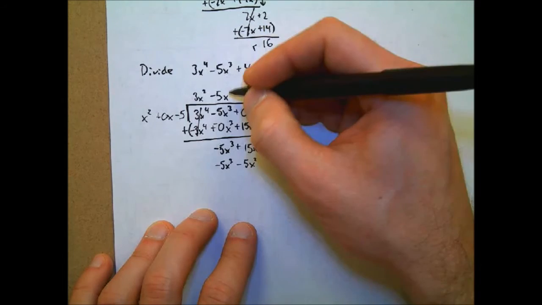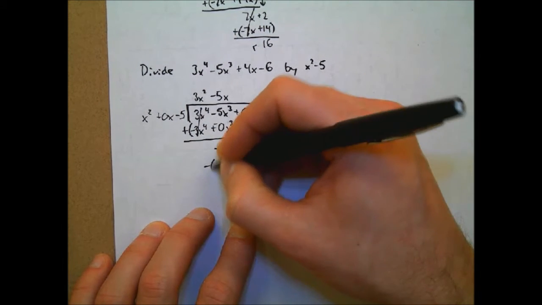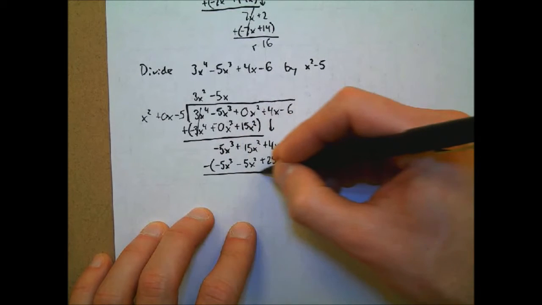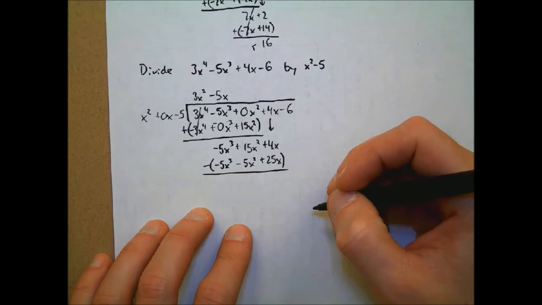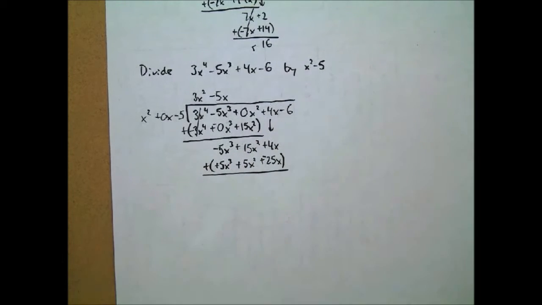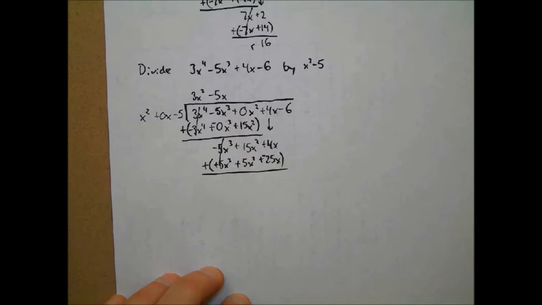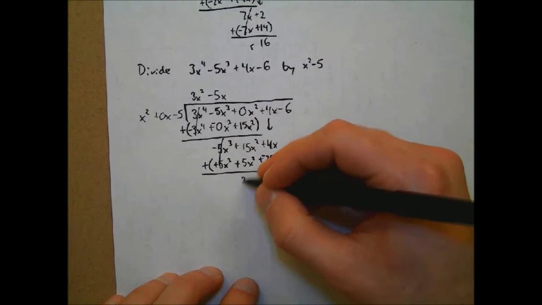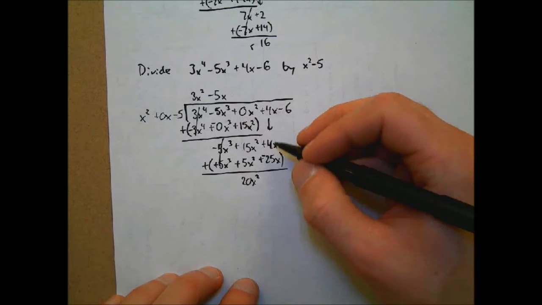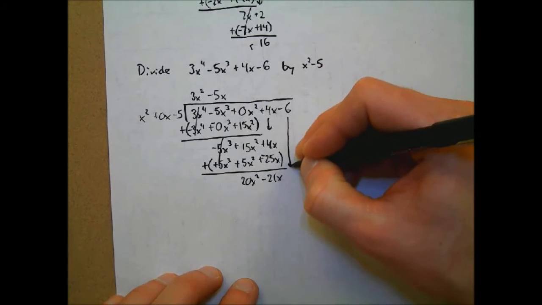Negative 5x times negative 5 is positive 25x. Then instead of subtracting, add the opposites, so make them all opposite in the parentheses. The 5x cubes cancel. 15 plus 5 is 20. And 4 plus negative 25 is negative 21x. Bring down the minus 6.